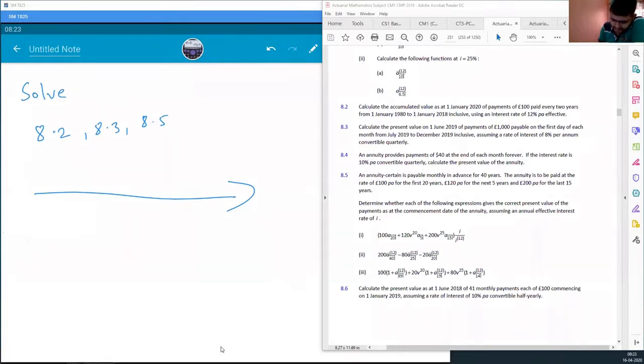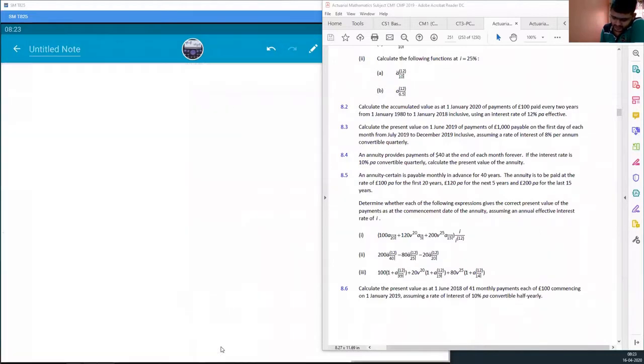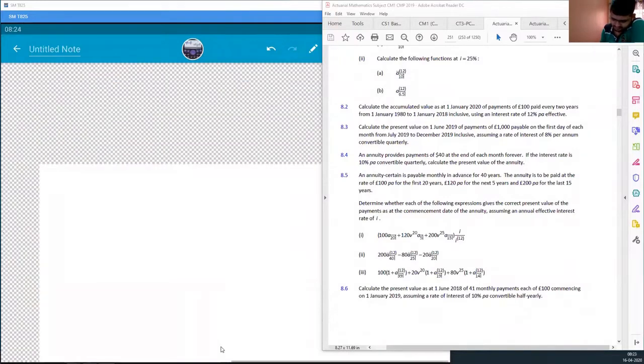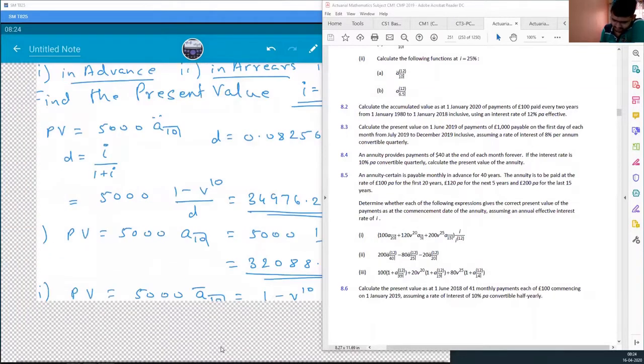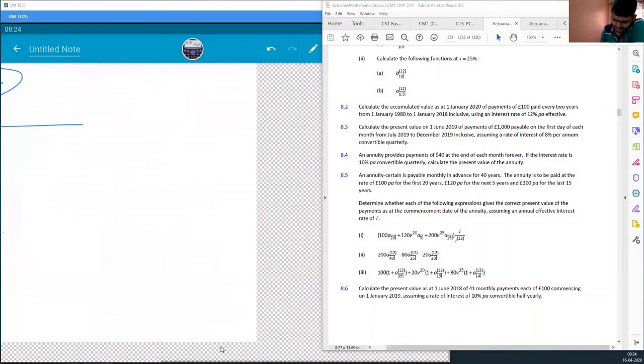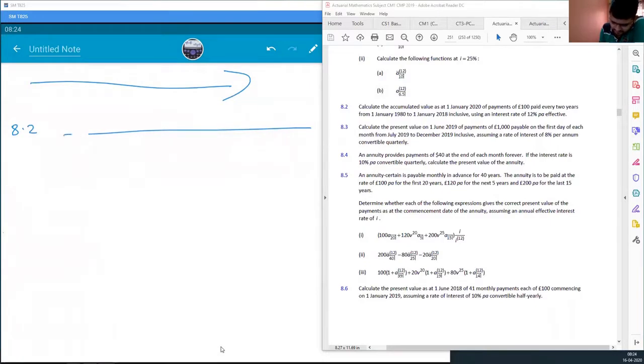So we should make a timeline. I'll just write the year because the date is always the same, 1st January. So it is going to start from 1980.